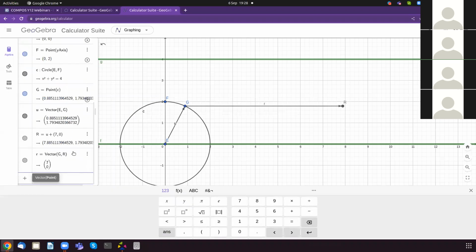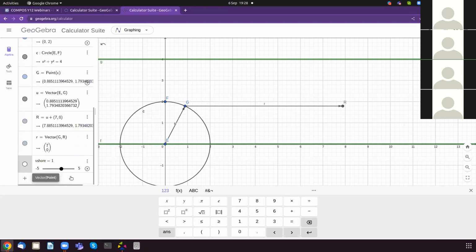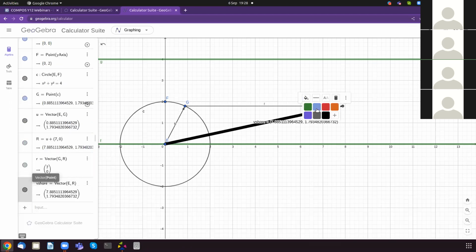And finally, I can put a vector, velocity relative to the shore, is a vector to ER. And we want it to be marvelous.